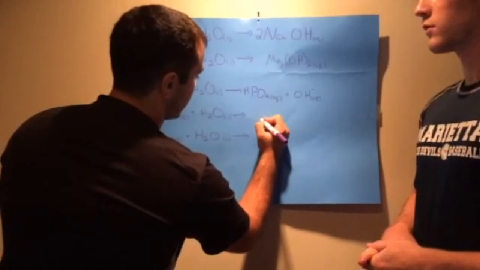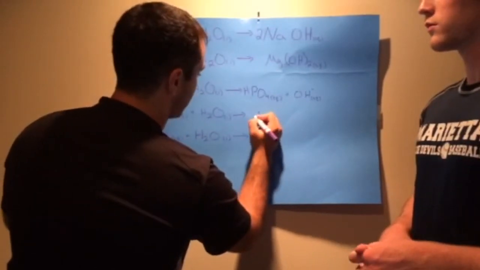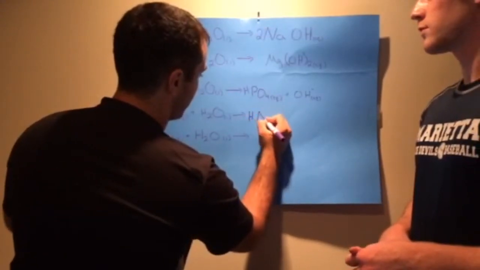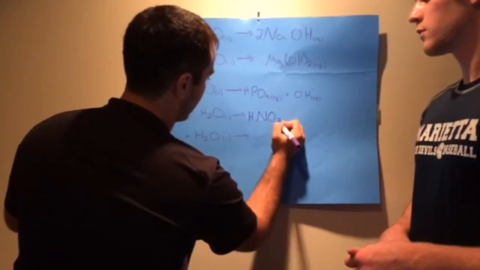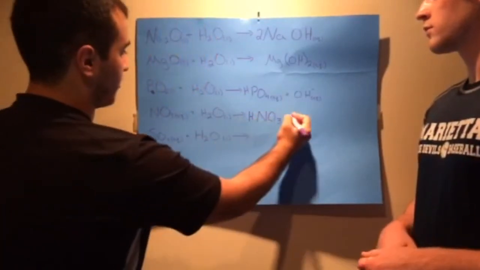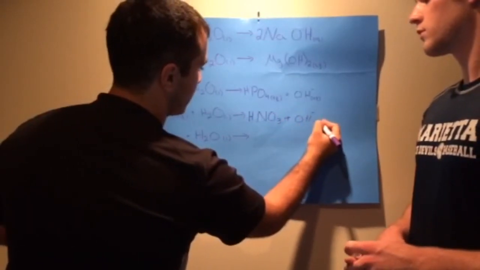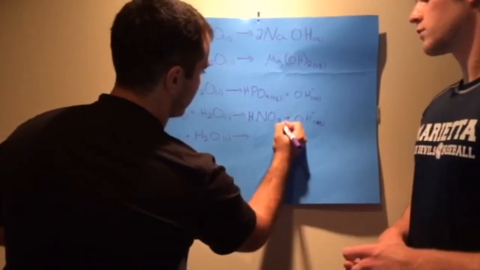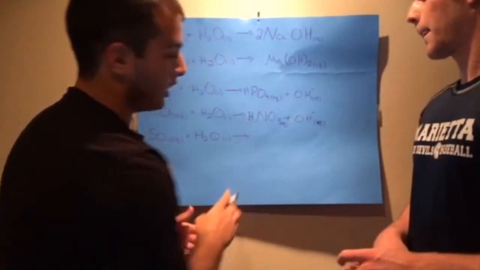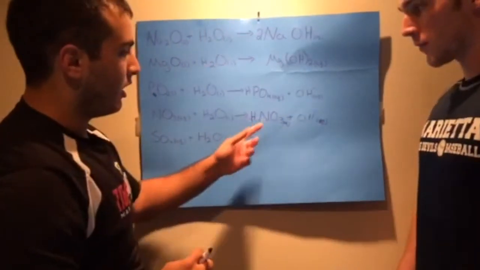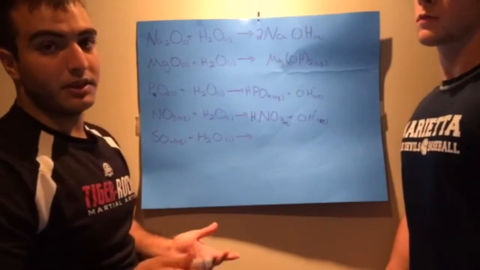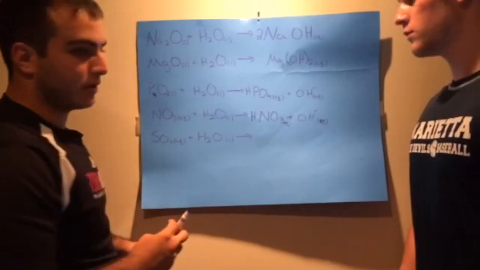For nitrate, we're going to get HNO3, and it's going to be plus an extra OH. It's going to be an aqueous solution. Again, since it is just a hydrogen, not a hydroxide, nitric acid is going to be acidic, so its pH is going to decrease.